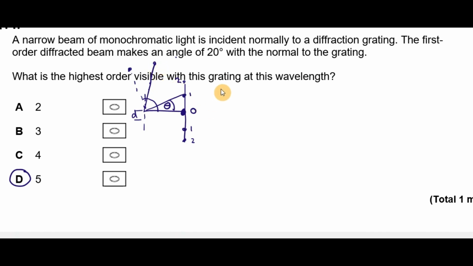So I'm going to use the equation d sine theta equals n lambda, where d is the slit separation, theta is the angle between the 0 and the nth order maxima, n is the nth order, and lambda is the wavelength. Now we've got a problem. We're not told the wavelength, and we're not told the slit separation.